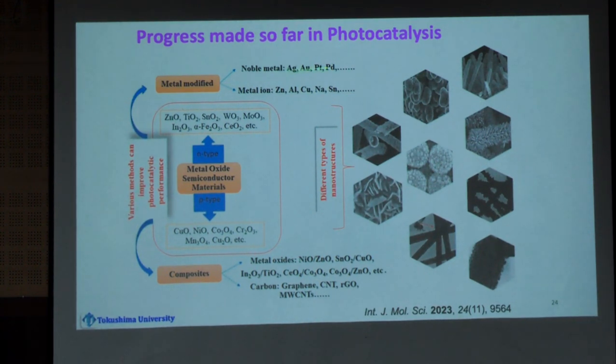Metal, these are the noble metal, Ag, Au, platinum, palladium, and these are metal iron, zinc, aluminum, copper, and so on. And other oxide like zinc oxide, TiO2, SnO2, these are various combination of N-type and P-type metal oxide that can combine with this metal or metal ion.